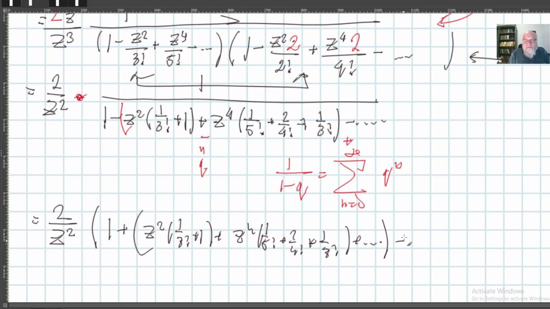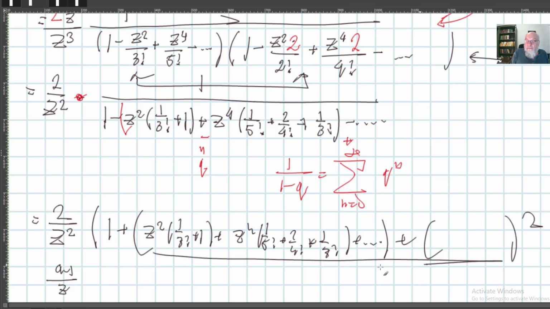plus, and then you have another one, the same square, and then you are looking for the coefficient. Which one? a_{-1}, the coefficient of 1 over z. Here all the coefficients in this whole expression are even, only even. You cannot get a minus 1. So a_{-1} is definitely 0.